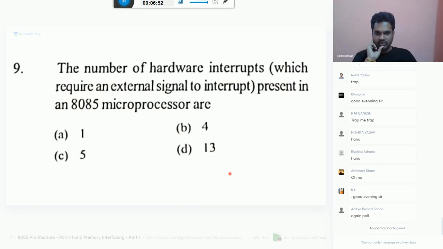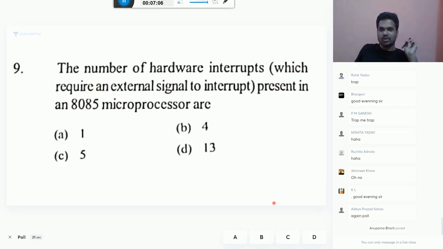How many hardware interrupts are there in 8085? It will be a quick revision of the things. I told you already the questions will be easy if you understand the concept. What happened here? I'm not getting 100% answers. What's wrong with you people, or is it wrong with me?